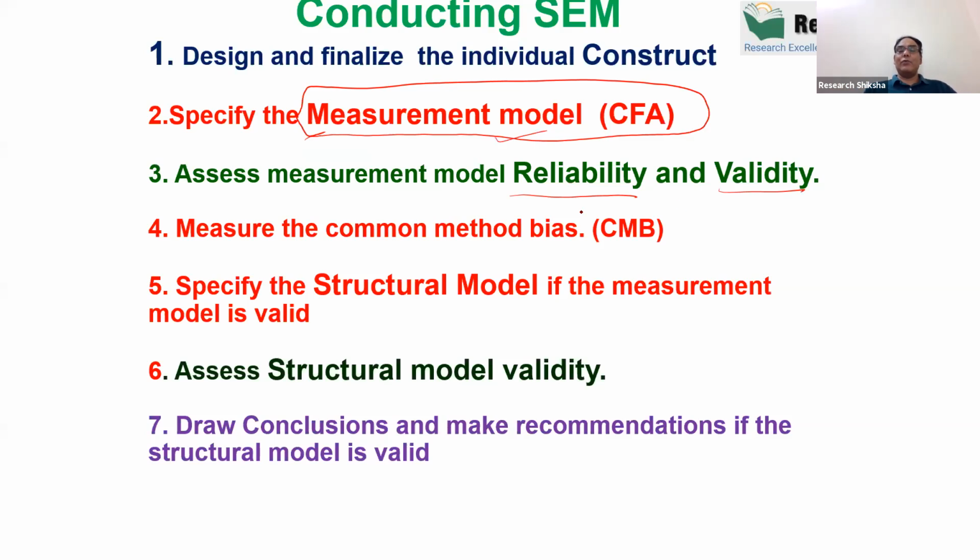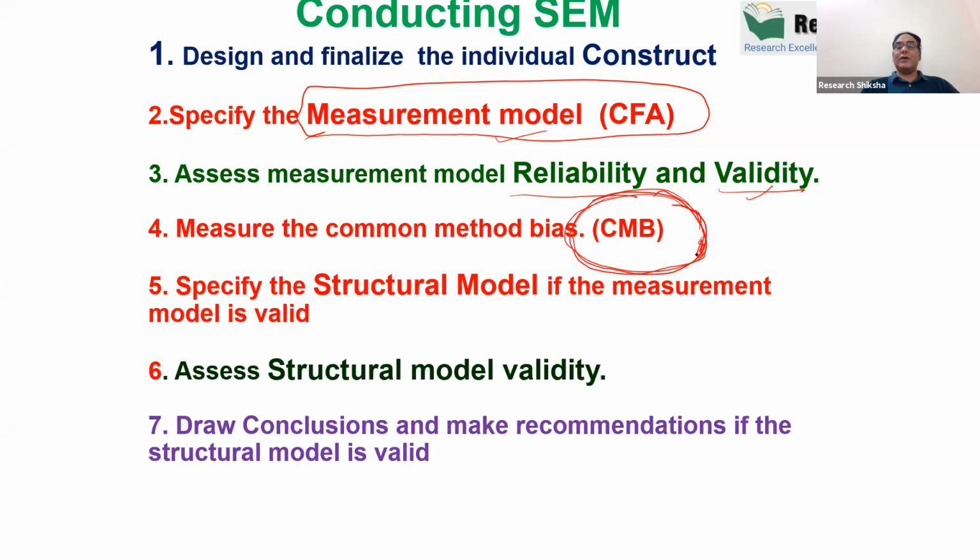After that, you have to examine the common method bias. As you know, reliability we normally test in data analysis. Similarly, we have to go for validity. Similarly, you have to apply CMB for SEM. CMB stands for common method bias. You want to know the level of bias in the data.